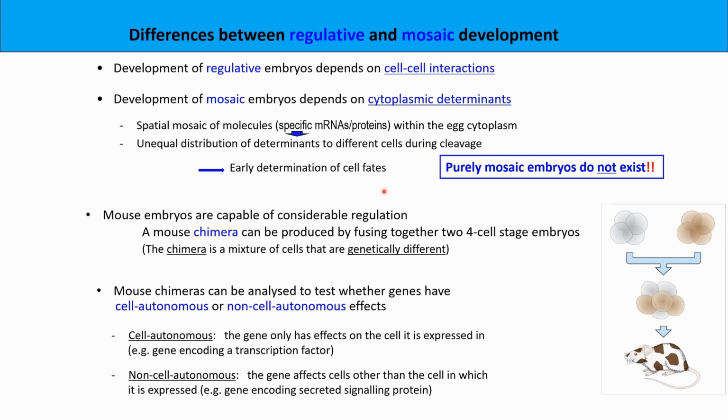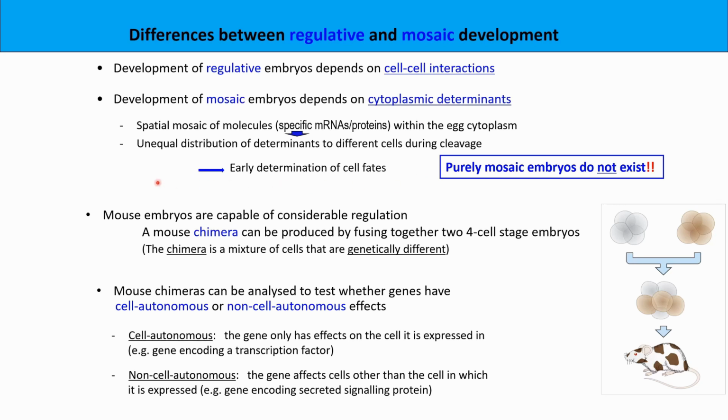This usually leads to an early determination of cell fates in the embryo. But it's worth noting that purely mosaic embryos do not exist, so there is no animal that we know of that just uses this mode of development.